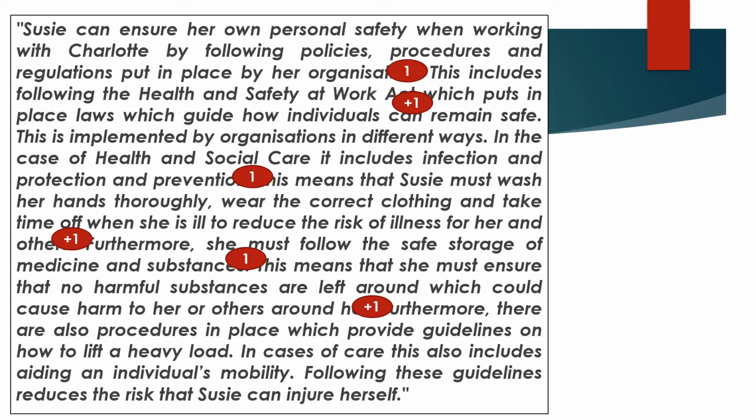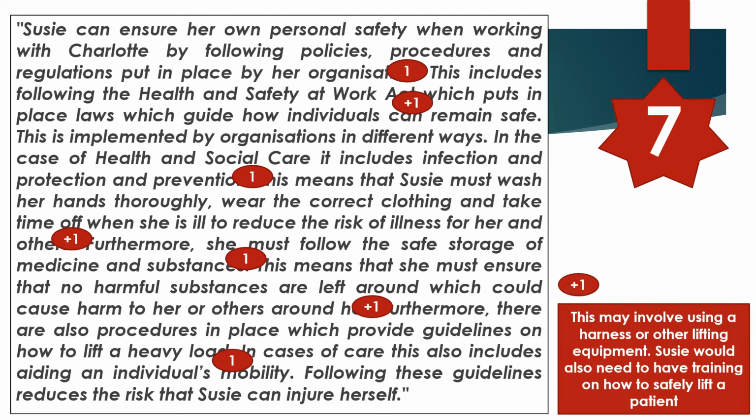And then lastly, furthermore, there are also policies or procedures in place which provide guidance on how to lift a heavy load. In cases of care, this includes aiding an individual's mobility. Follow these guidelines, reduce risk, Susie can injure herself. So they've said something about heavy loads, but they didn't pick up the second mark here. So the example was given 7 out of 8.